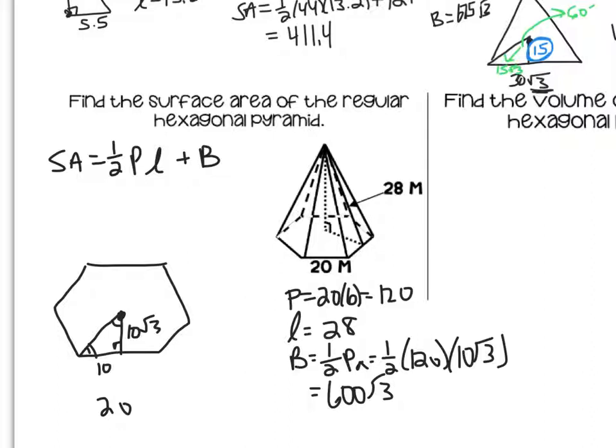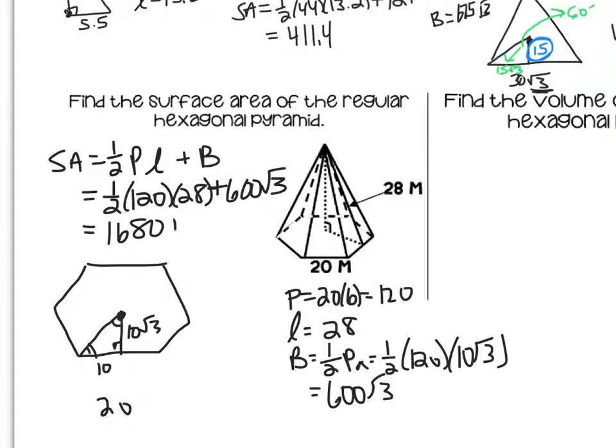And we plug in our three values into our formula. So surface area is 1/2, perimeter is 120, slant height is 28, plus my base is 600 square root 3. So 1680 plus 600 square root 3.